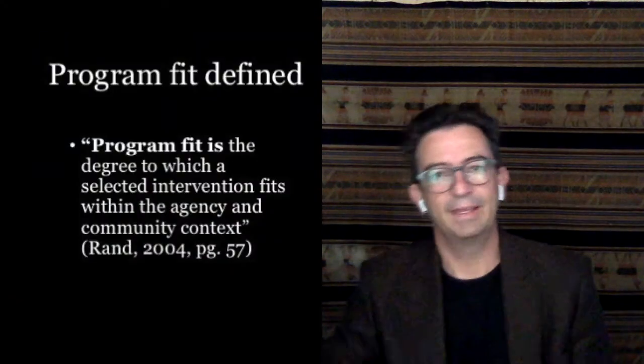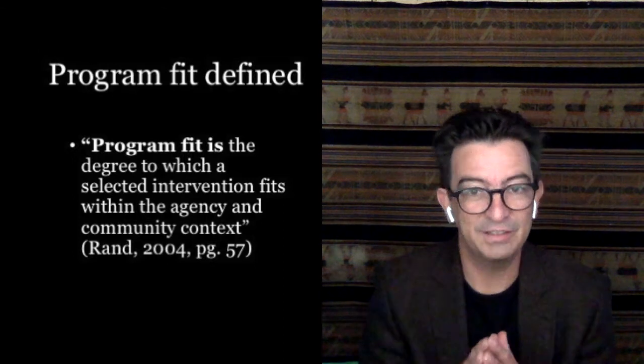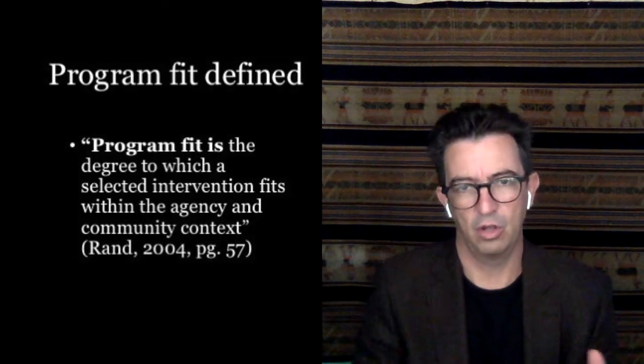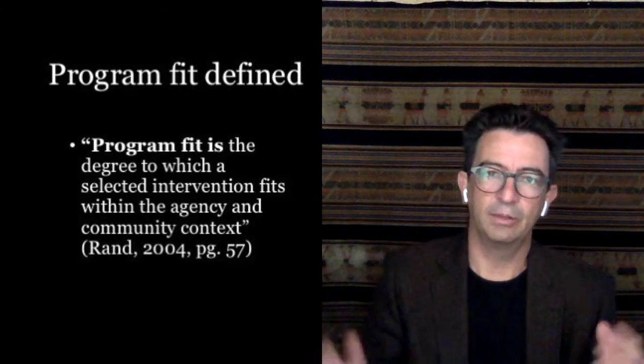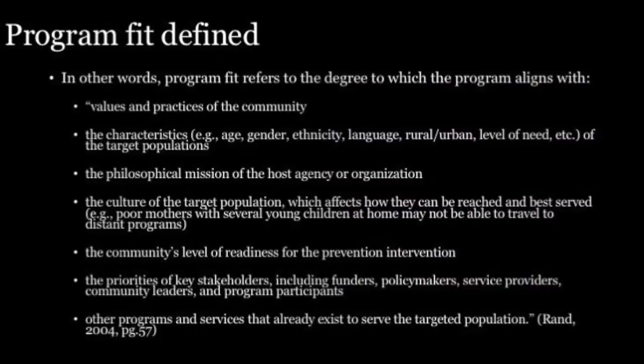So program fit is the degree to which a selected intervention fits within the agency and the community context, right? In other words, program fit refers to the degree to which the program aligns with the values and practices of the community, the characteristics of the community in terms of age, gender, ethnicity, language, whether it's rural or urban, the level of need, etc. The degree to which the program aligns with the philosophical mission of the agency, the culture of the target population, the community readiness in general.